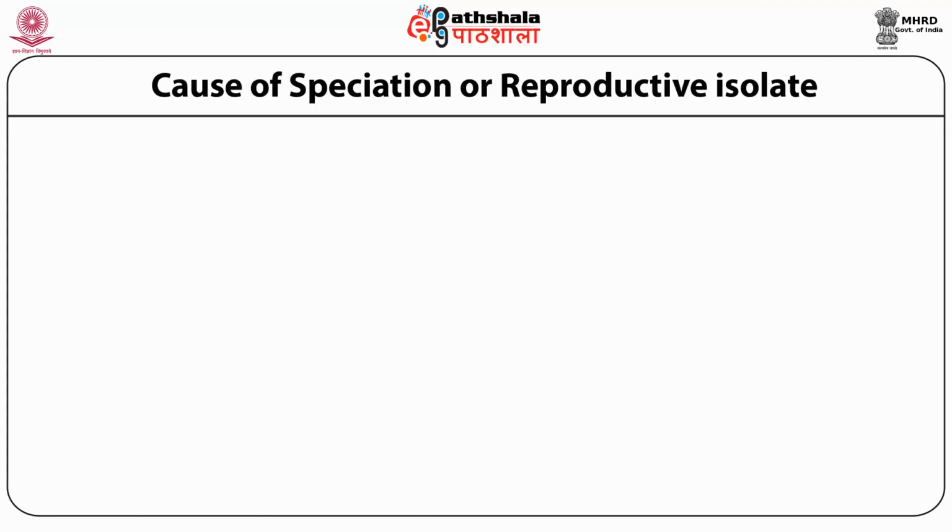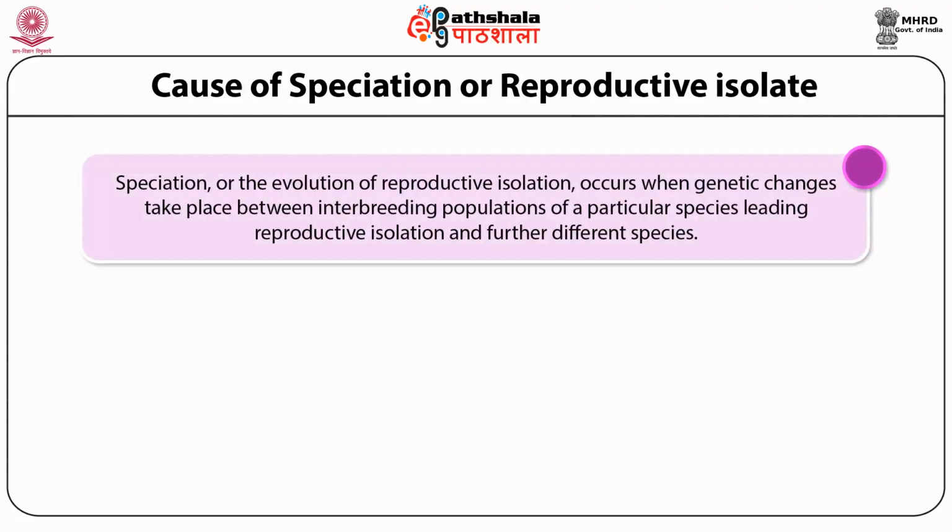Let's see what the different causes of speciation are. Speciation occurs when genetic changes take place between previously interbreeding populations of a particular species. These genetic changes prohibit the populations from interbreeding, leading to reproductive isolation and further different species. The whole genetic process involved in the process of isolation that leads to the new species is called reproductive isolating mechanism.